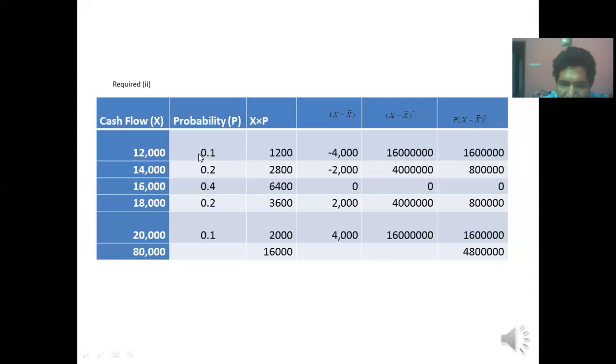So you multiply this column with this column, and here is the result: 16 million into 0.1, 4 million into 0.2 is 800,000, and 0 here, and 1 million 600,000. The summation of this amount is 4,800,000.